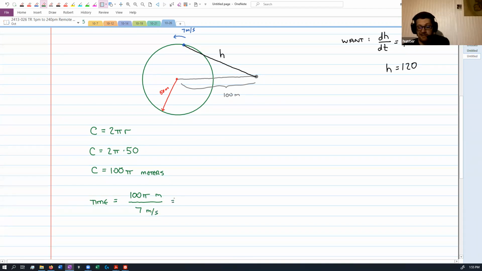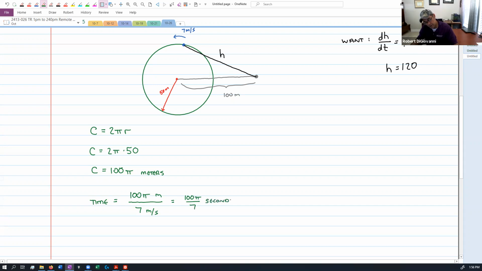I'm going to leave it as an exact number. I'll get decimals later. I'm just going to say 100 pi over 7 seconds is how long it takes her. And what did you say that was as a decimal? About, should I round it up because it's almost 45?